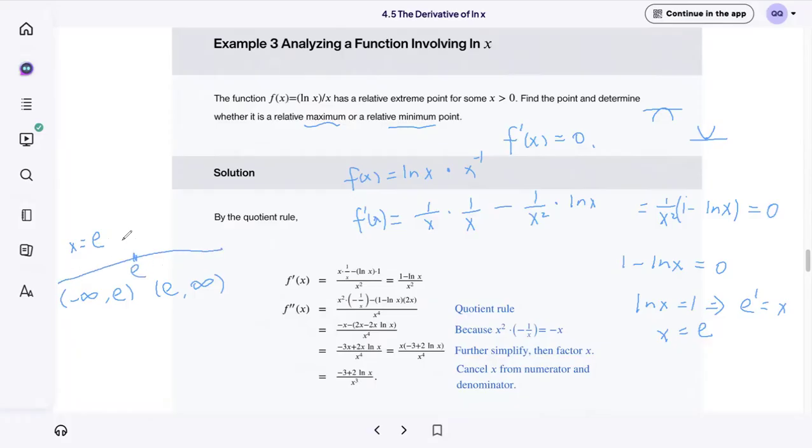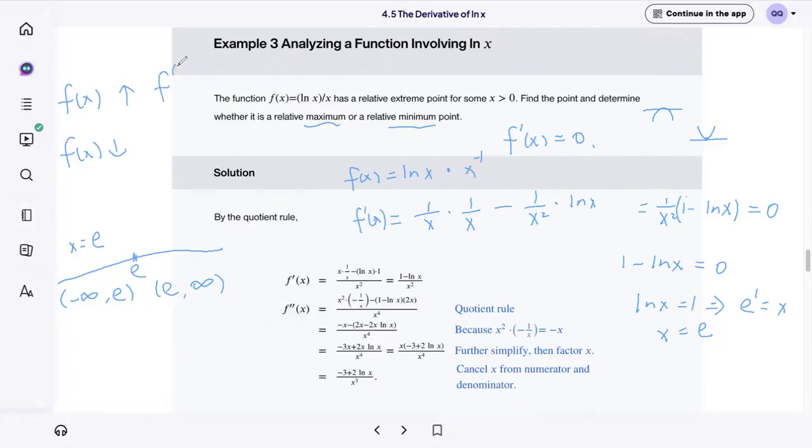E splits the real number system into this lower half and this upper half, because we need to check if this point is maximum or minimum. If the function increases or decreases, how do we do that? How do we check if f of x increases in the interval or f of x decreases in the interval?